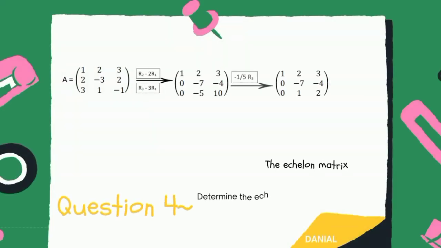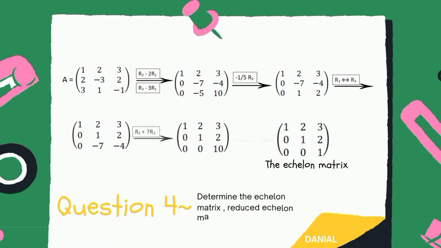1. Question 4. Determine the matrix A, 1 2 3 2 negative 3 2 3 1 negative 1, to echelon matrix, reduced echelon matrix and rank of a matrix A. Solution for question 4. So row 2 minus 2 row 1.